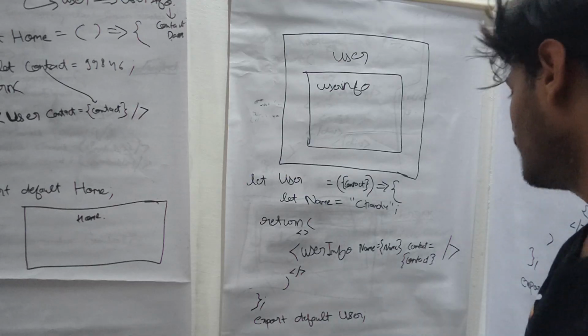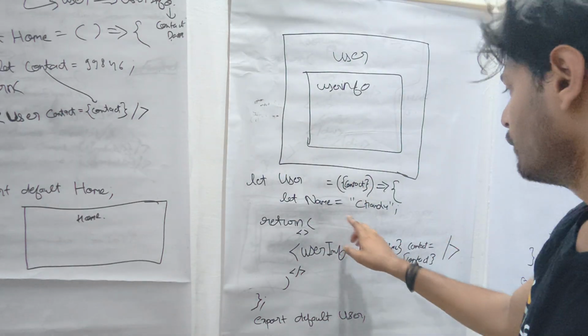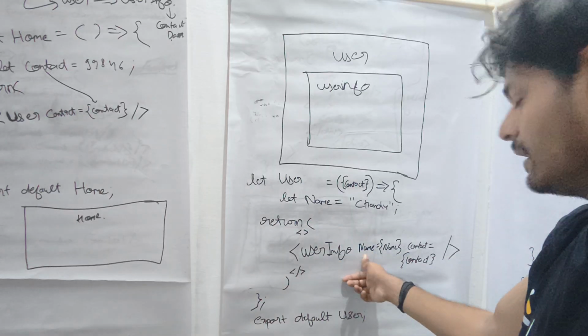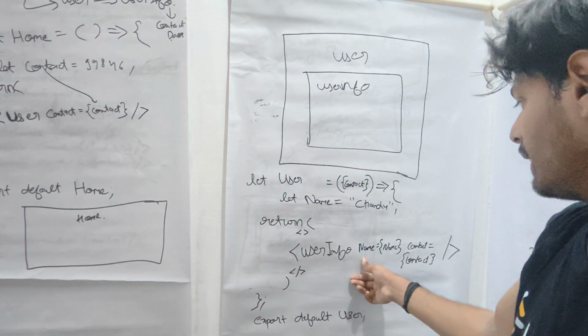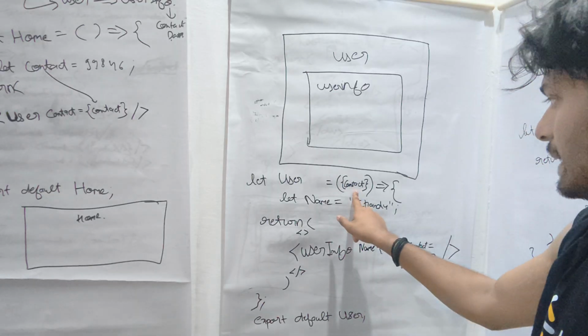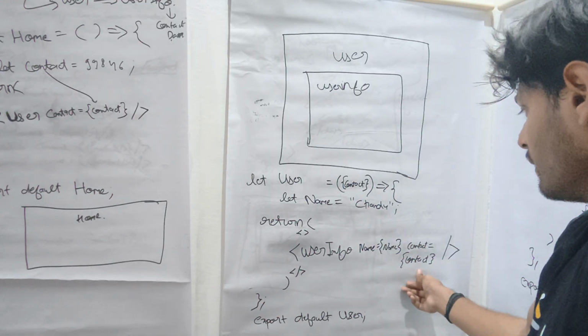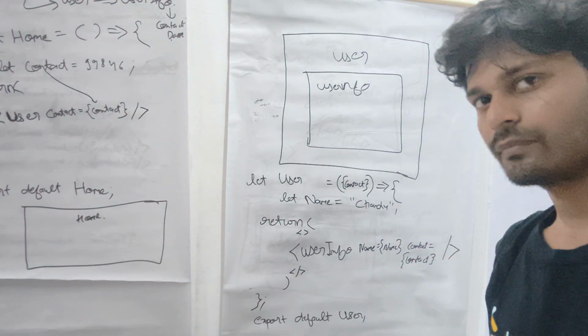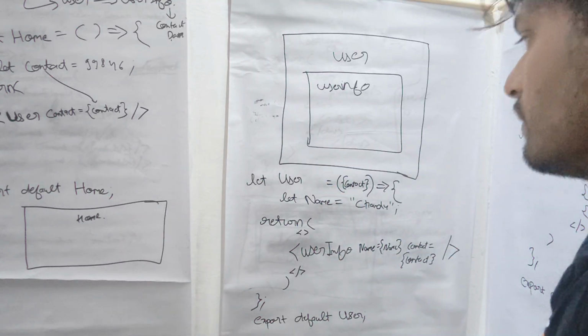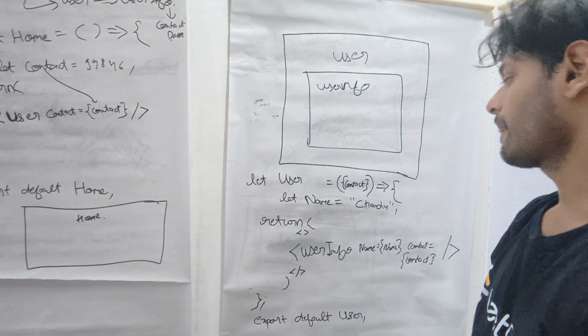We have passed a new variable name together, and in the same way we have passed the name value and the received contact value again to user info, and we are showing user info in user.